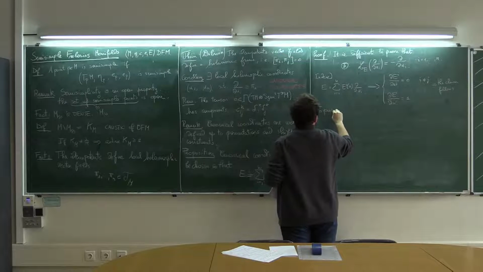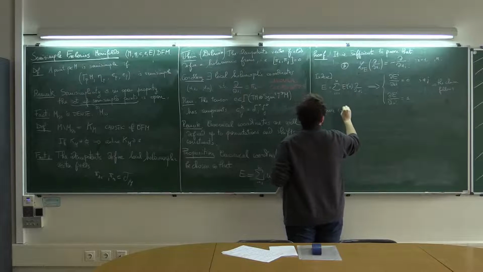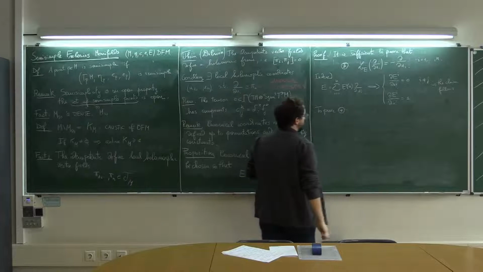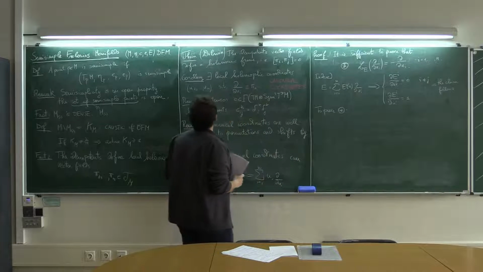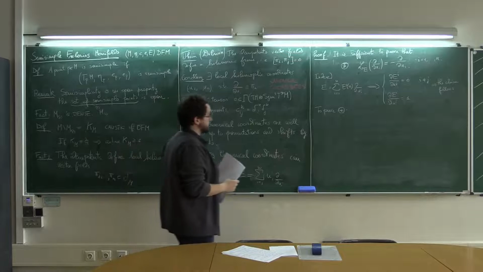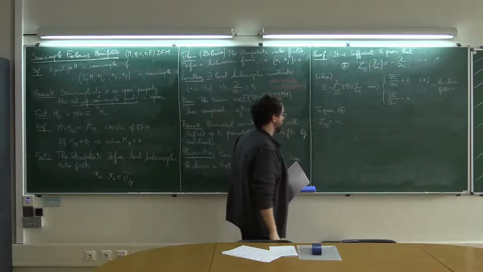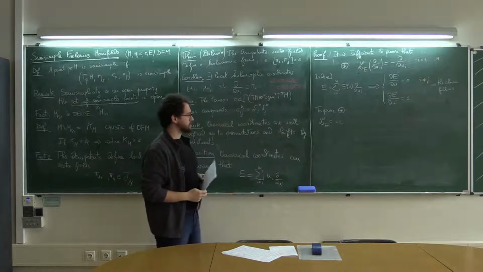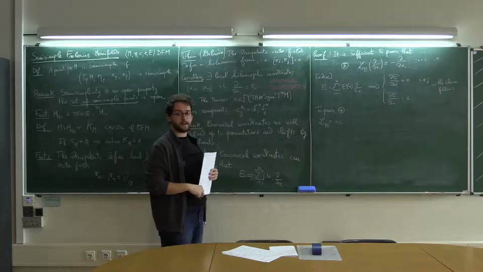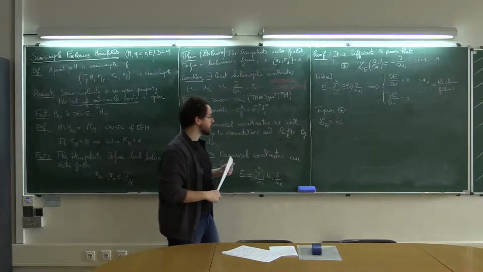For this purpose, let me recall one of the defining properties of the Euler vector field. The Lie derivative along E of the tensor c equals exactly the tensor c.